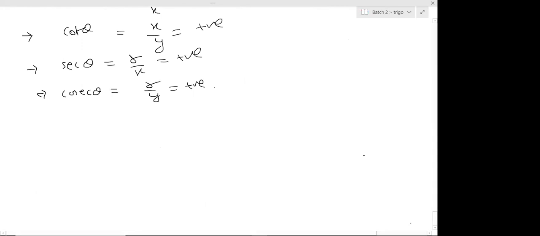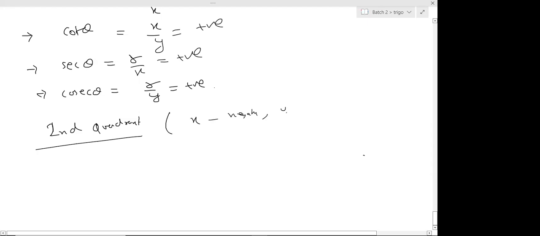All right. In the second quadrant, x is negative, y is positive. In the second quadrant, y is positive and x is negative.